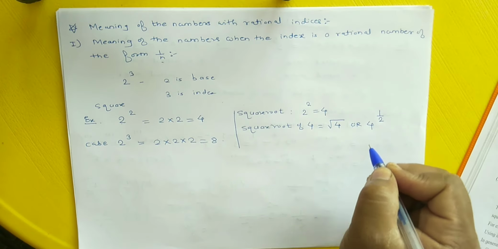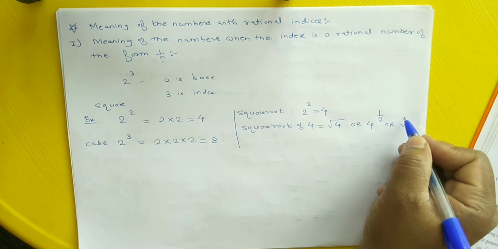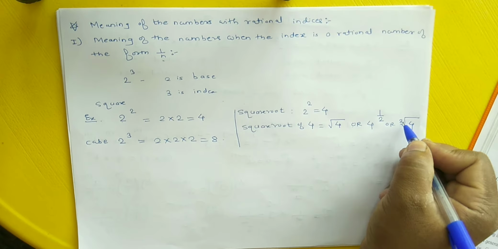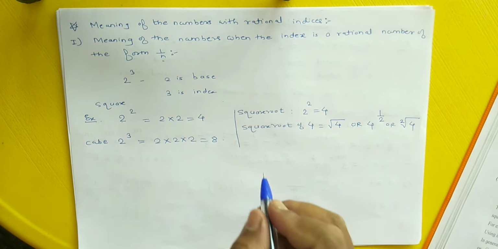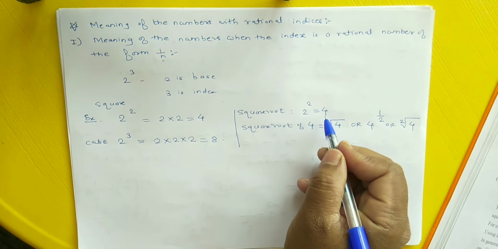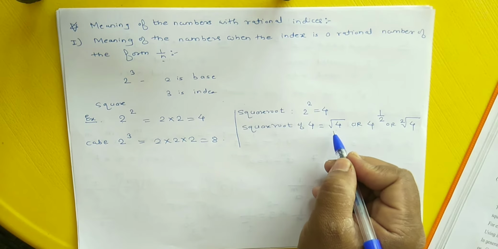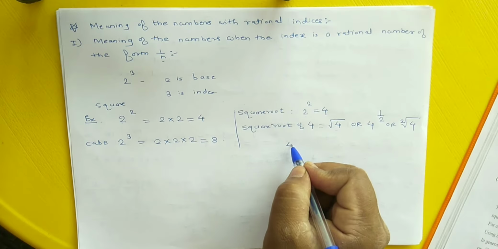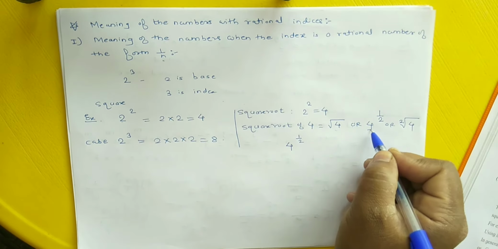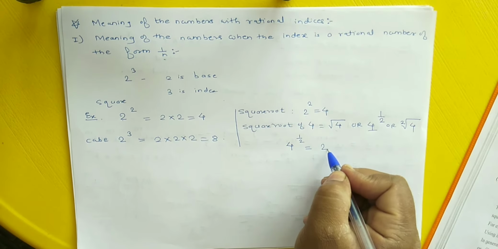So 2 square is 4. But whenever I want to take the square root, this 4 to the power 1 by 2 becomes 2.